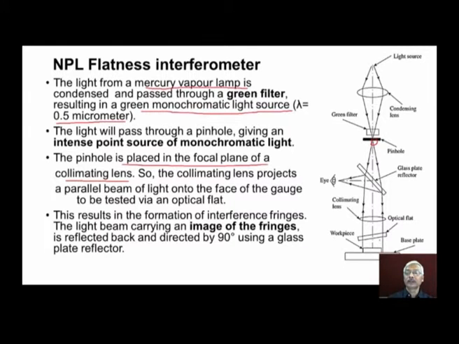The light will pass through the optical flat and fall on the workpiece, and the light will get reflected, and at this place we have a glass plate reflector. So the reflected light will get deflected and it will fall at the detector. So through the eyepiece we can observe the fringe pattern.